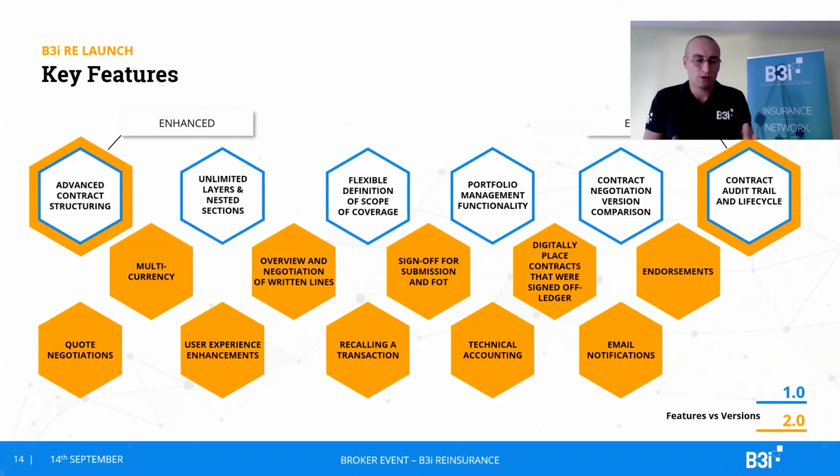So what we developed: we have increased a lot the complexity of the contract that can be built with parameters. We have introduced the possibility of specifying any single financial entity in any currency. We have introduced the possibility of having loads of nested sections and subsections with parametric conditions, aggregating, non-aggregated, with aggregated deductible.